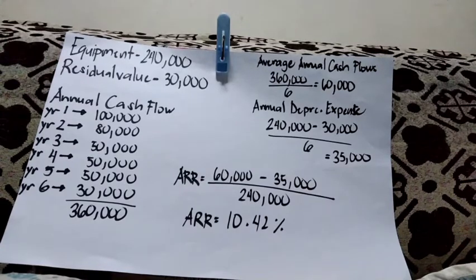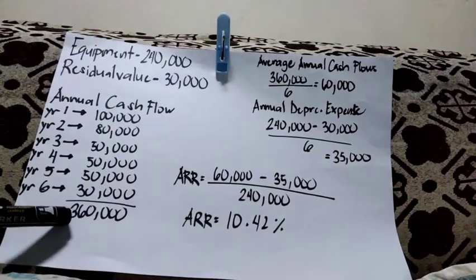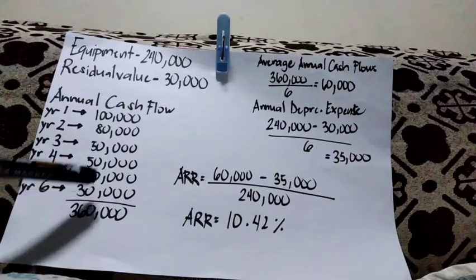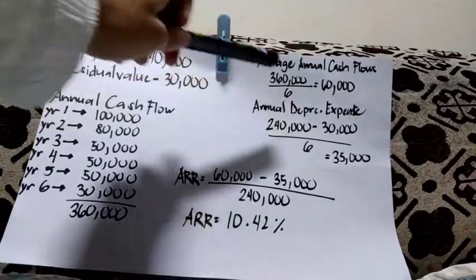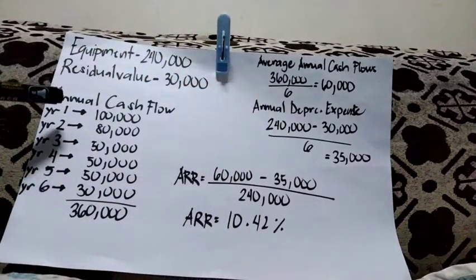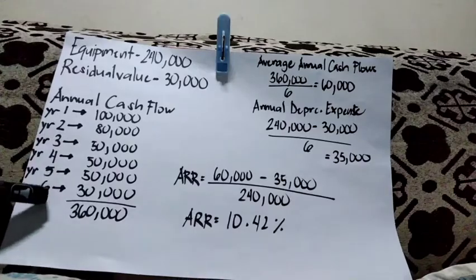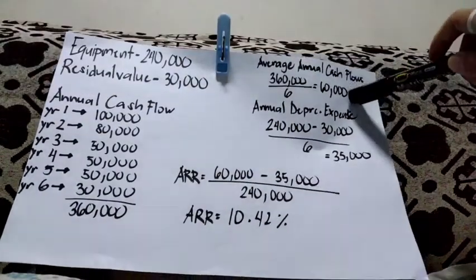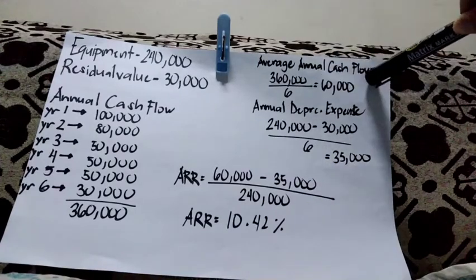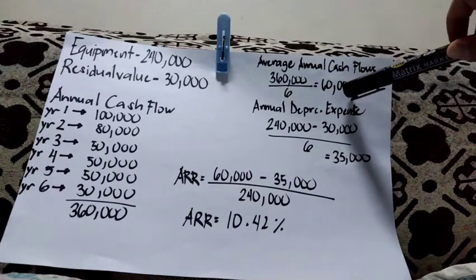To get the average annual cash flow, this total of 360,000 over 6, because it's 1, 2, 3, 4, 5, 6 years, is equal to 60,000. Therefore the average annual cash flow is 60,000.